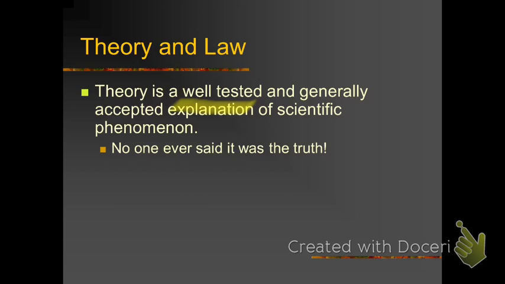The key thing to a theory being a theory is that it is generally an explanation, and the general scientific community agrees on that explanation. However, it's something that really can't be tested, so no one ever says that it is a truth.